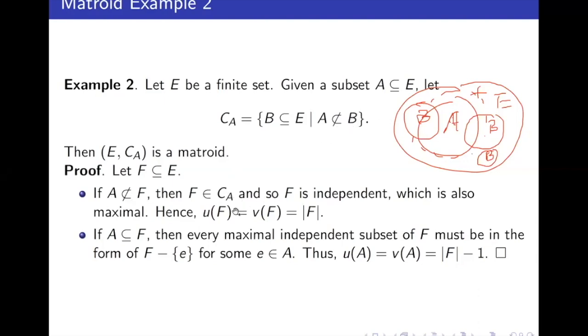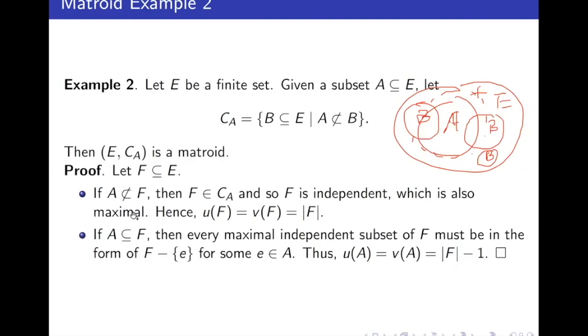And then because we want to find U of F and V of F, we know that any subset of such a B also satisfies this condition. So then, of course, we know it is independent. And because we are looking at this F, it is already itself, so it has to be maximal, right? So we are not looking at any subset of F. So if F itself is independent, F has to be maximal. So that means U of F is equal to V of F, which is just the size of F. Okay, so for any of these.